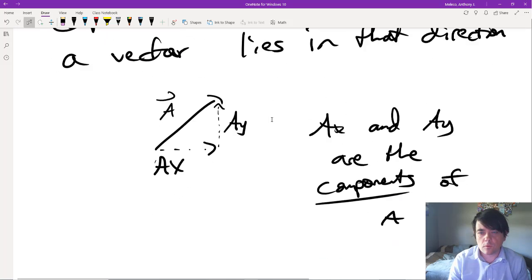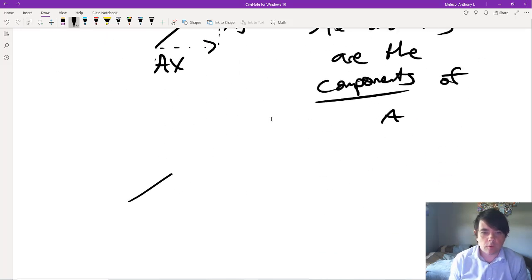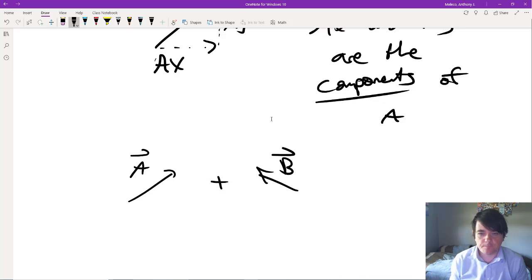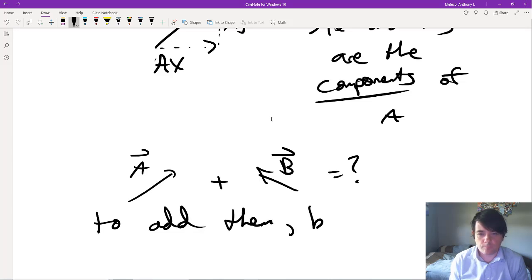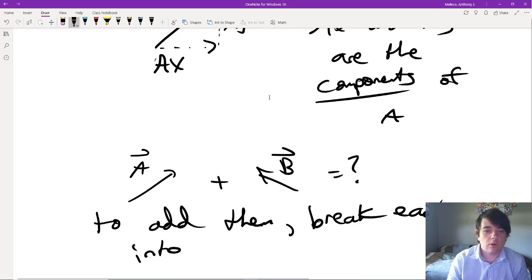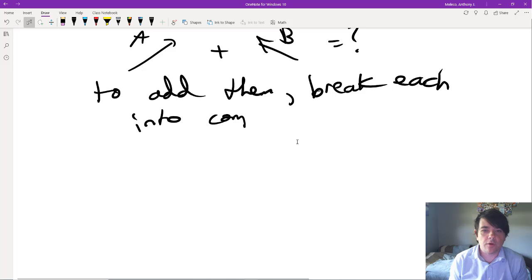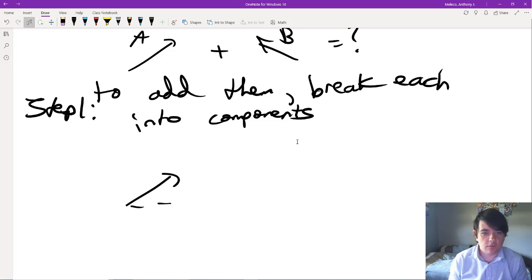So the idea then is you have vector A and you want to add it to vector B, okay? So to add them, break each into components. This is step 1, okay? So let's do this.